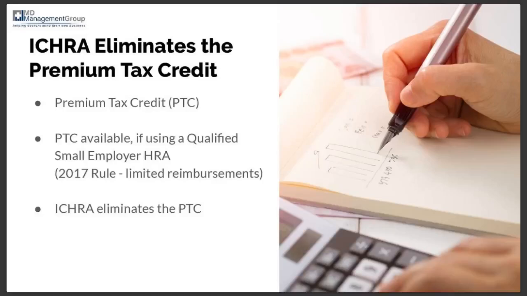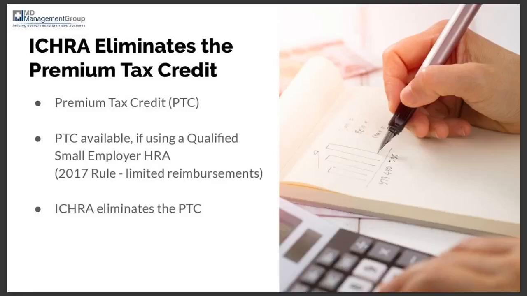But basically, if you're in an ICHRA plan, your premium tax credit is gone. It's eliminated. So an employee has a choice. They may say, yes, I want to participate in the ICHRA plan, but then they do not get the premium tax credit. So it's gone.